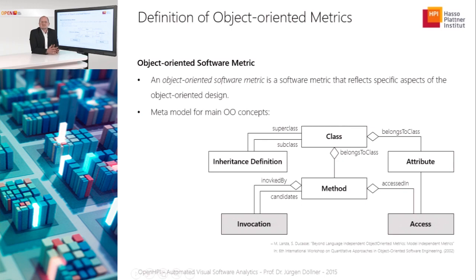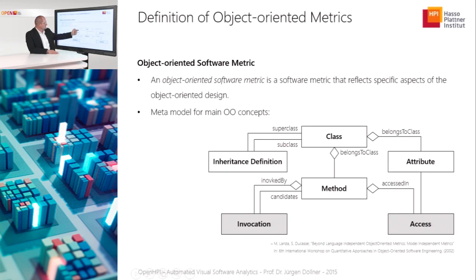Object-oriented software metrics in general are concerned with the following elements of an object-oriented design. This is actually a meta model for object-oriented metrics.